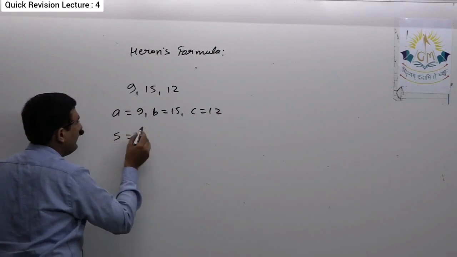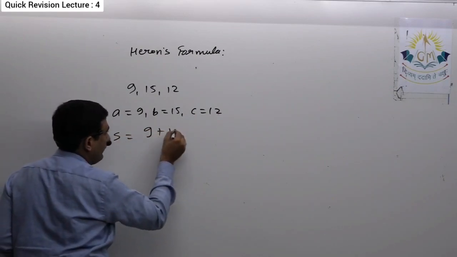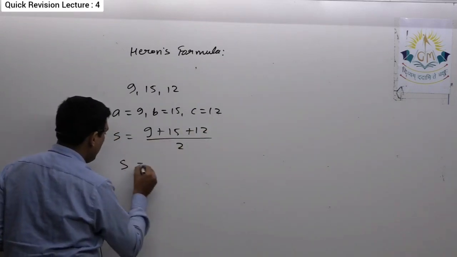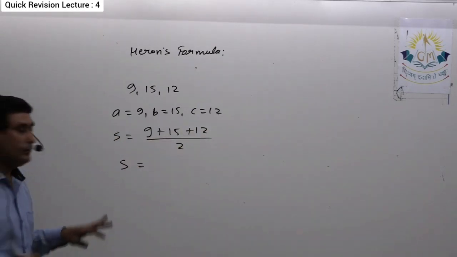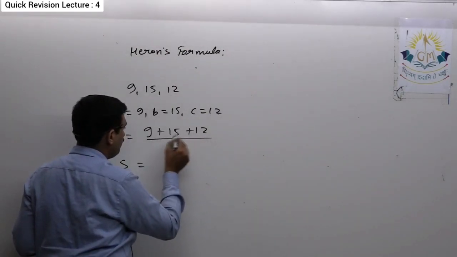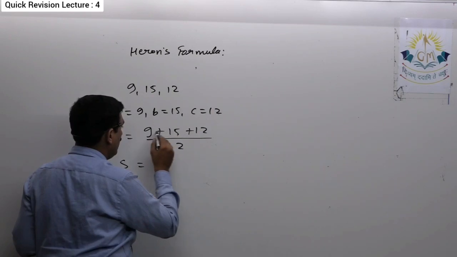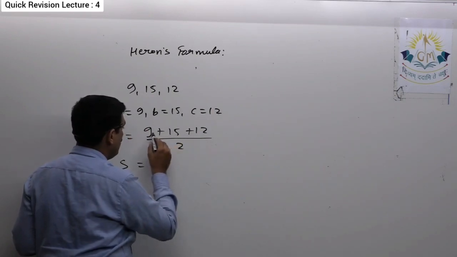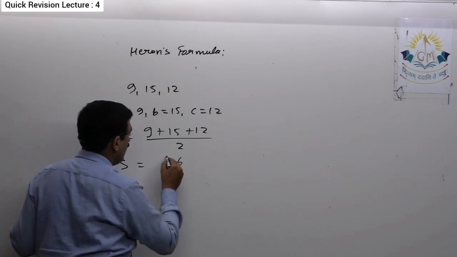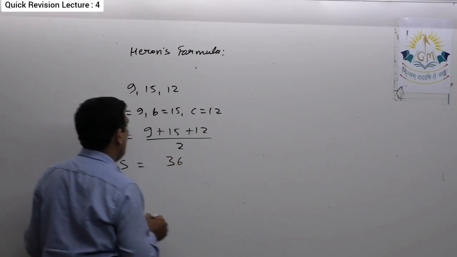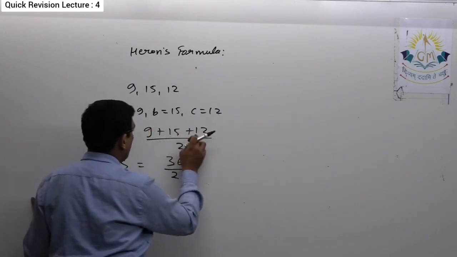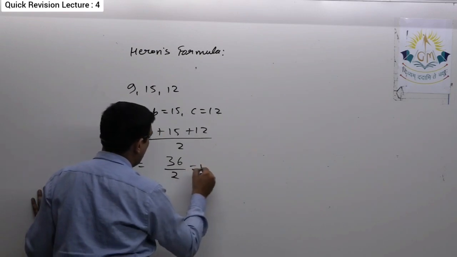So s will be (9 plus 15 plus 12) by 2. So we can find the semi perimeter, that will be 36 by 2, that is 18.